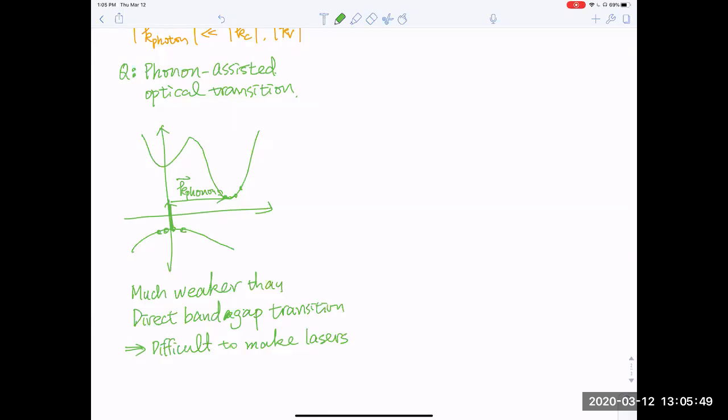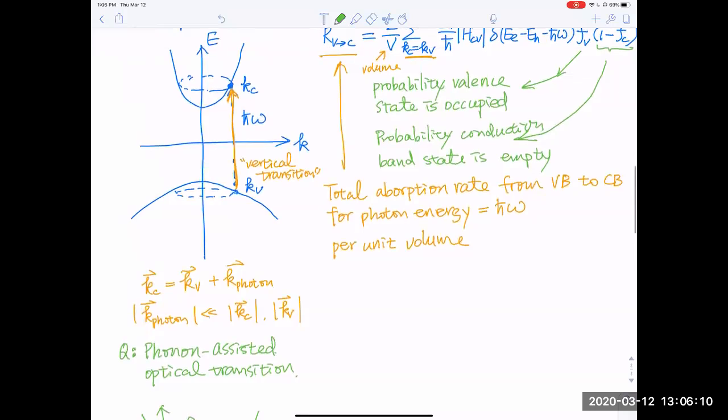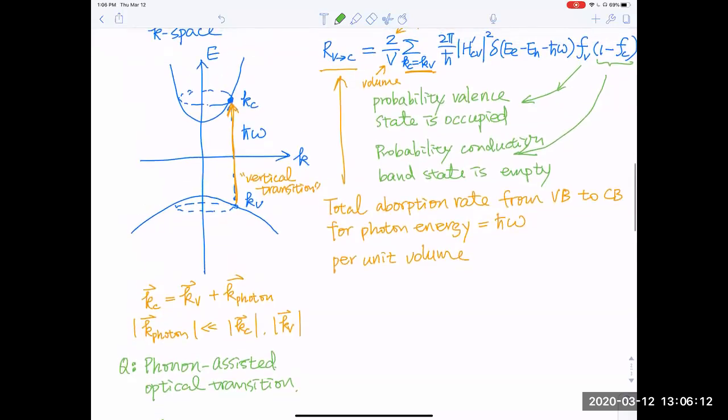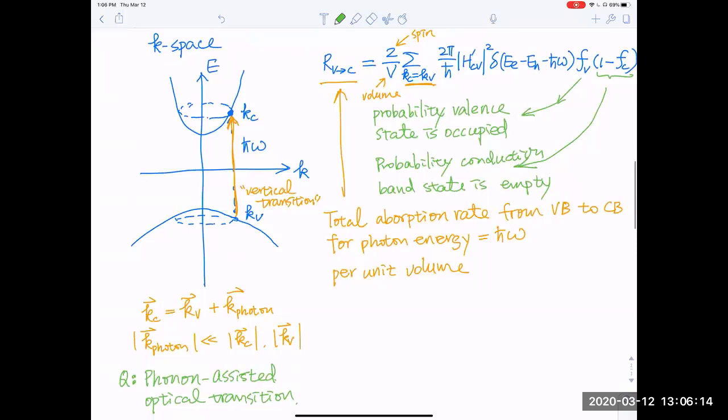Direct band gap, no. Indirect band gap, yes. It becomes really complicated. Here we are just considering direct band gap semiconductors to first understand the principles. And after we understand the principle, we can do qualitative extrapolation to more general cases.